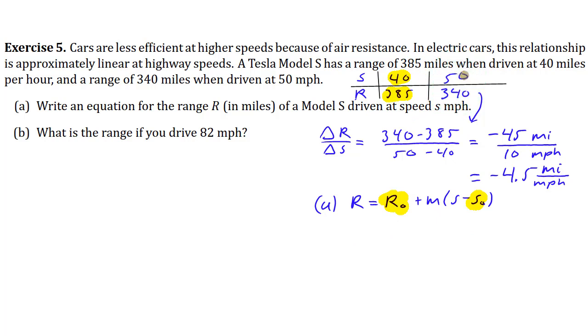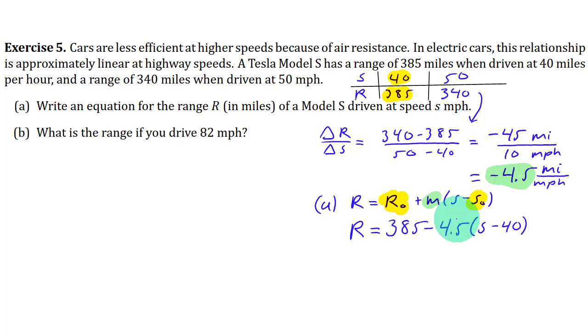And the slope, we just figured out, is negative 4.5. So this is going to be r equals 385 minus 4.5 times s minus 40. And that works.